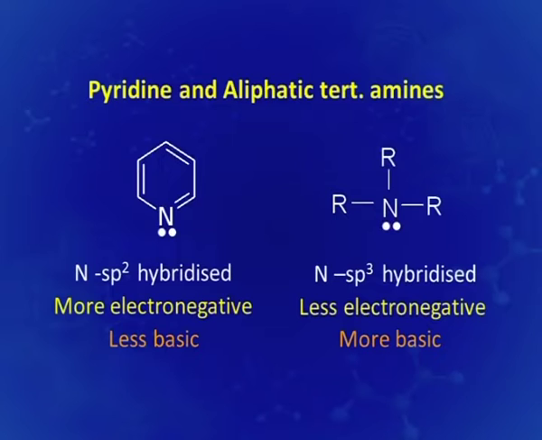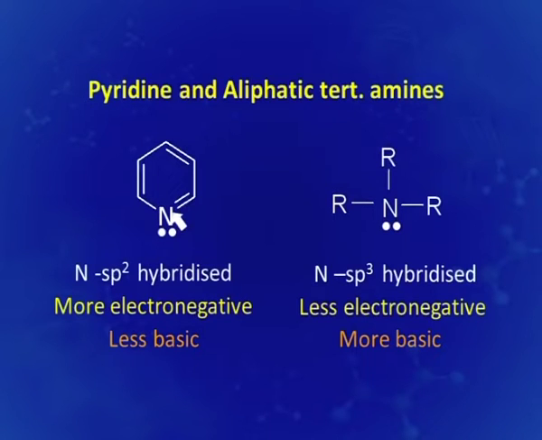And you would recall from your basics in organic chemistry that an sp2 hybridized atom or group is more electronegative as compared to the one which is sp3 hybridized. So, the sp3 hybridized group here is less electronegative. What do we conclude from this? More electronegative means it is able to hold its electron pair to itself and not let it go to the other substrate.